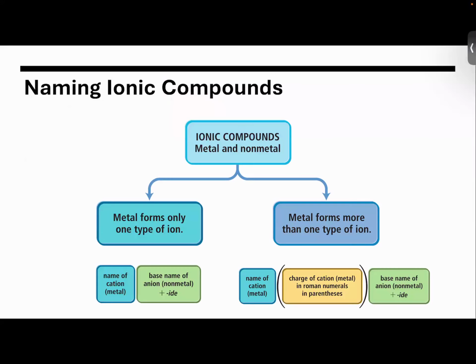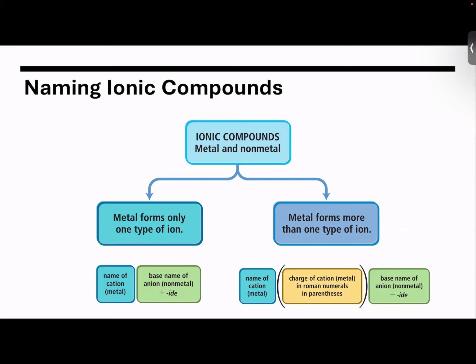we go back to this. So our compound was sodium chloride. Which of these categories does the sodium cation fit into? It's the one that has only one type of ion. That's the second step.